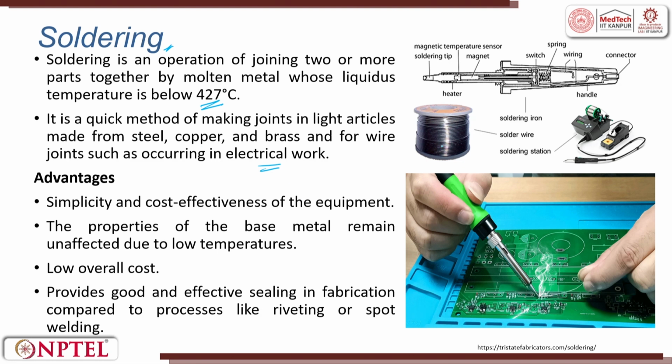This is how the entire soldering setup looks. You have a soldering rod or a soldering gun; today it is also battery operated. This is the solder wire, which is made out of lead. When it touches these two, the solder melts and establishes an electrical connectivity.